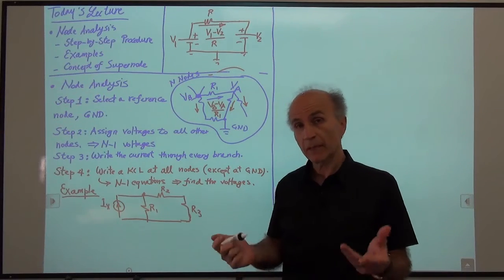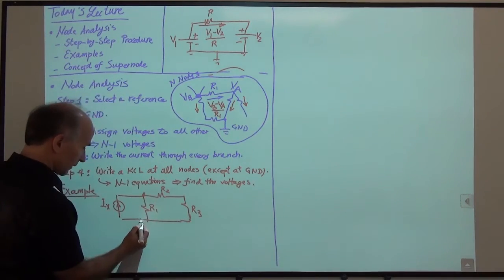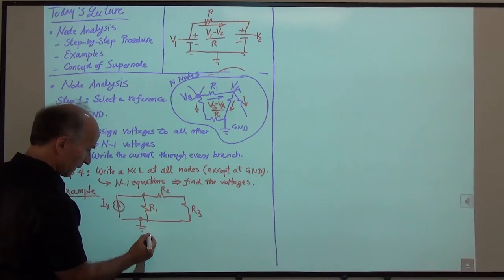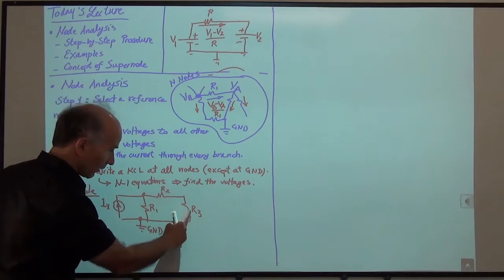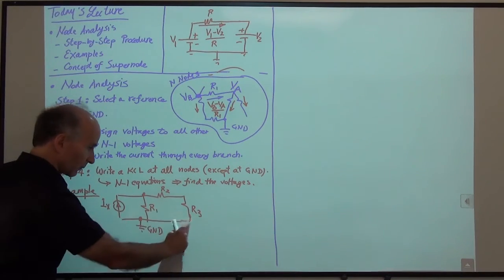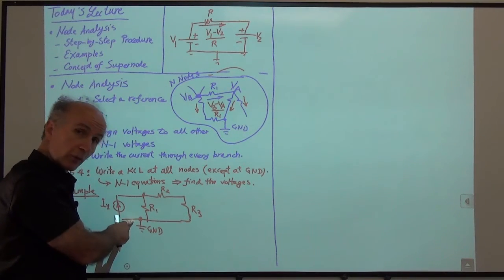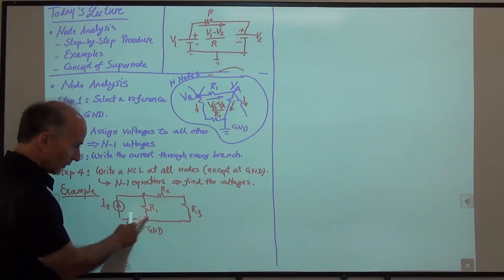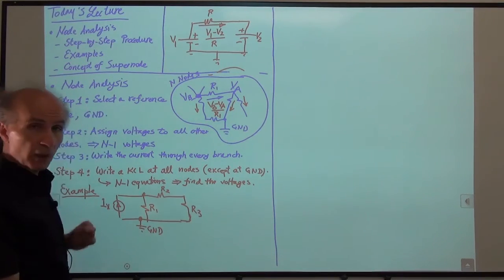It's not a must, but it's helpful. So let's call this node ground. It's important to understand that this is all just one node because this and this and this are connected by a piece of wire. A piece of wire does not have voltage drop on it. Remember, it's a short circuit. So these all have one node. Okay, so we went through step number one.